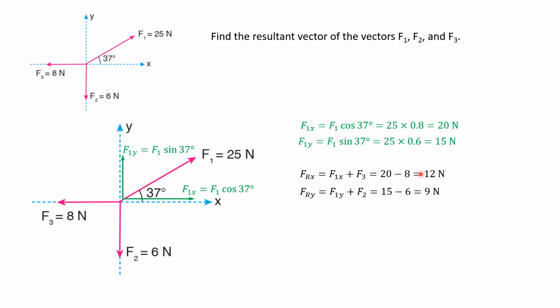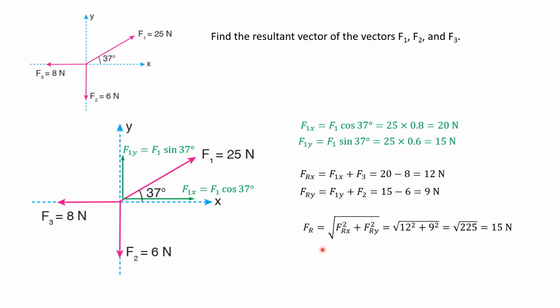So the x component comes out to be 12 newtons. The y component of the resultant vector is going to be f1y plus f2. So you have 15 newtons for f1y and minus 6 newtons for f2. You end up with 9 newtons.